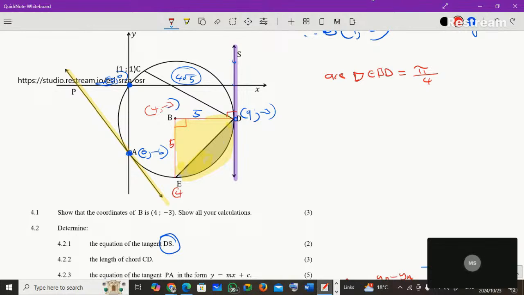Okay, so which is pi, r which is 5 squared over 4.